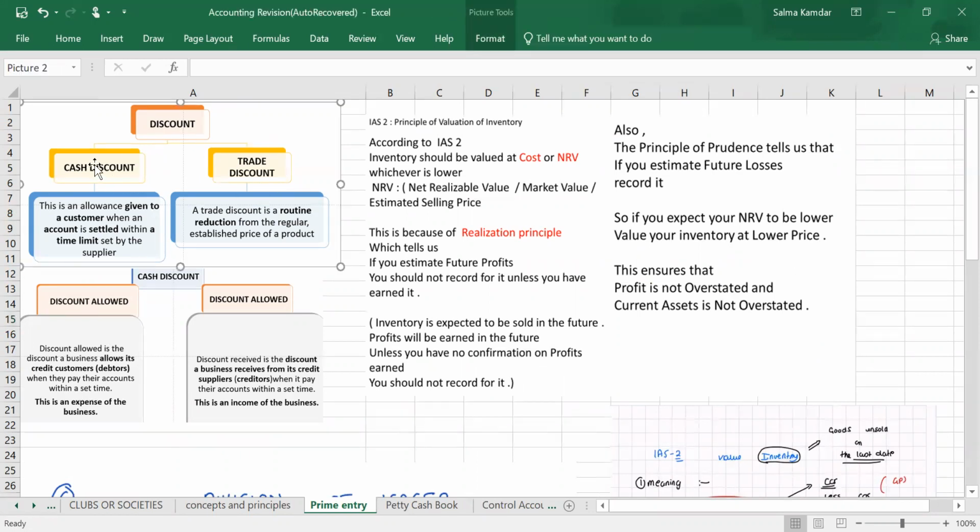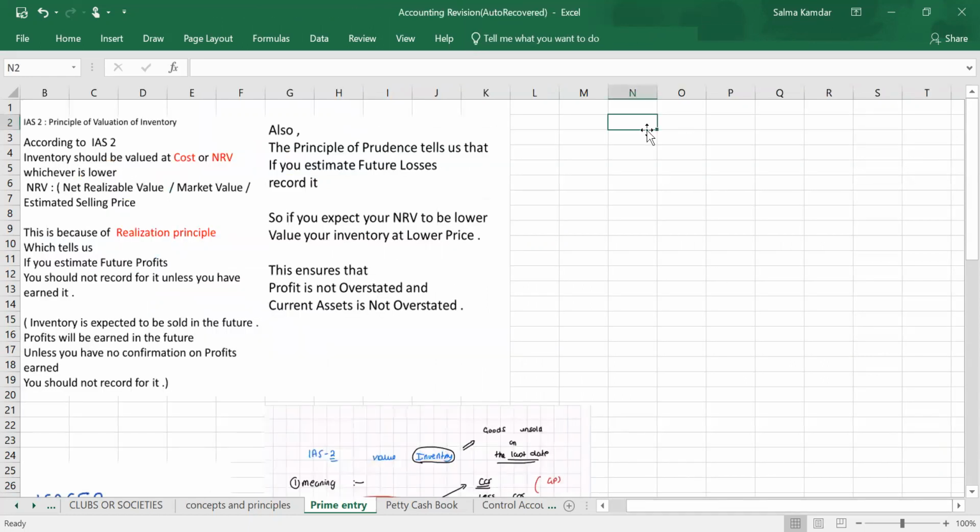Cash discount is when the amount is settled and the supplier gives a certain percentage of discount to the buyer to encourage them to pay sooner. Trade discount is usually given on bulk purchases so that the seller can encourage the buyer to keep buying from the same brand.